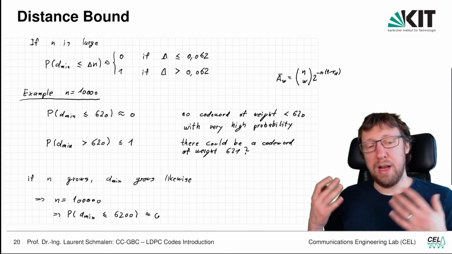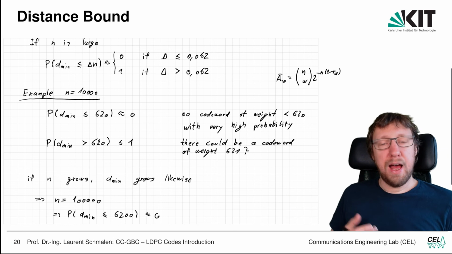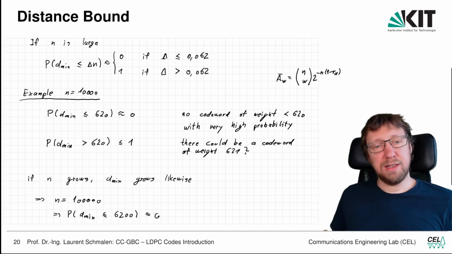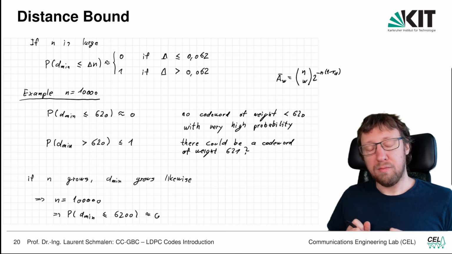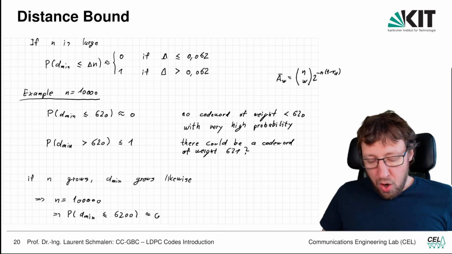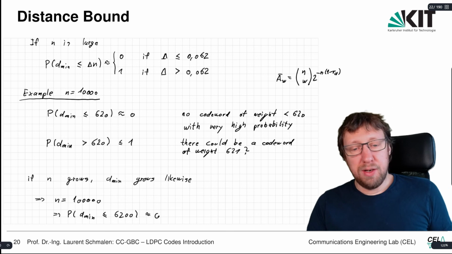So then we have a really big minimum distance. Okay, so this is what this distance bound tells us.